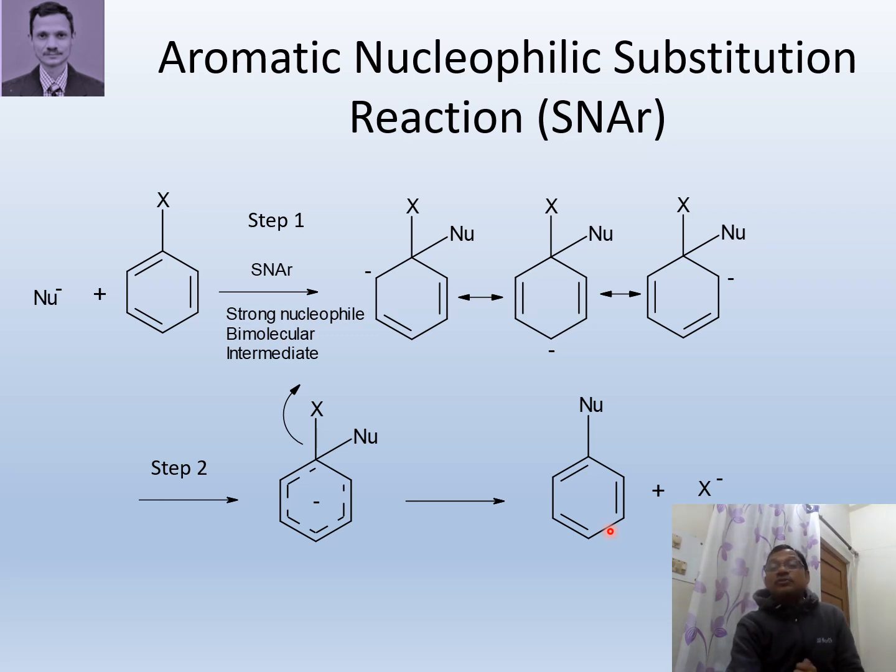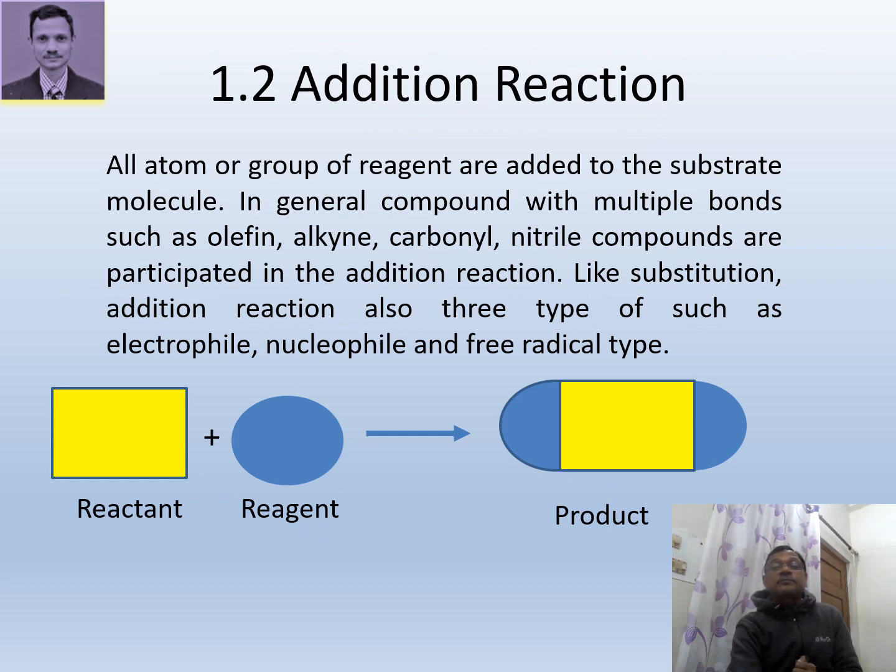So this is also an example of nucleophilic substitution reaction. Now second type of reaction is the addition reaction. In addition reaction, what happens is all the part of this atom or group is added to the reactant and we have a new product.